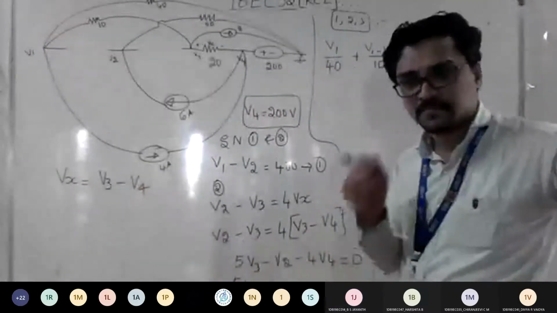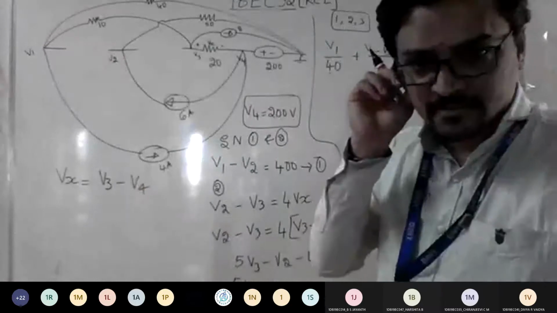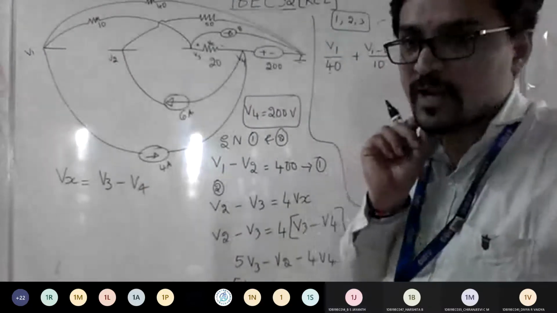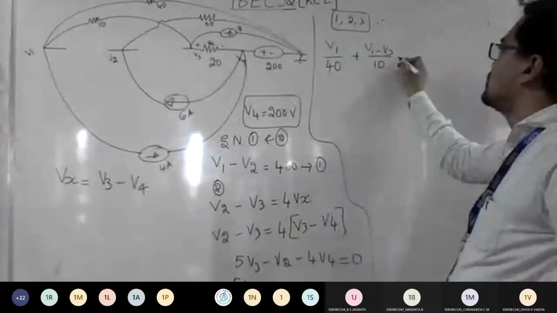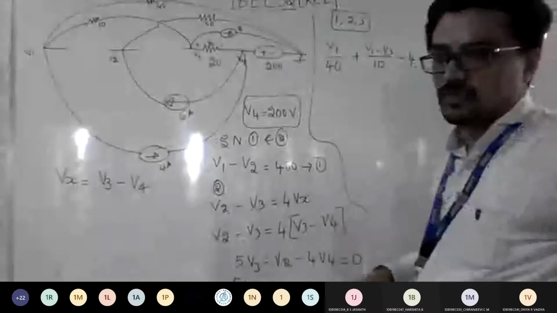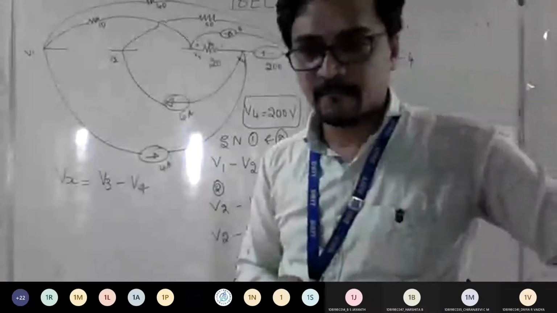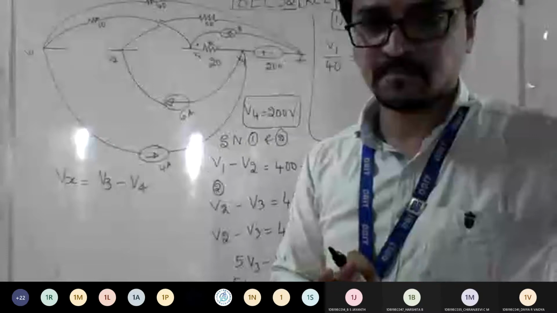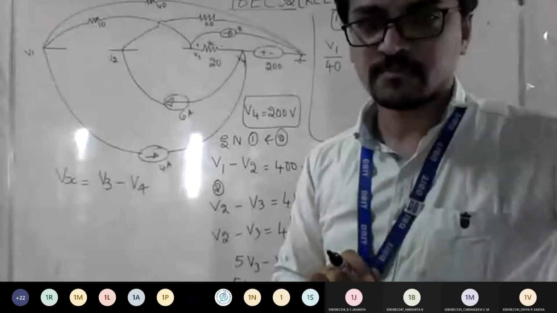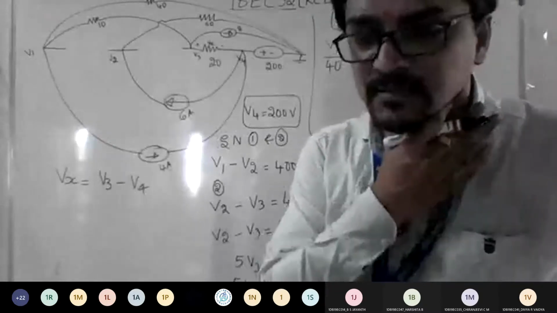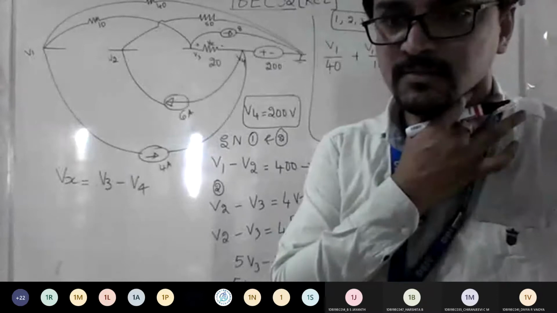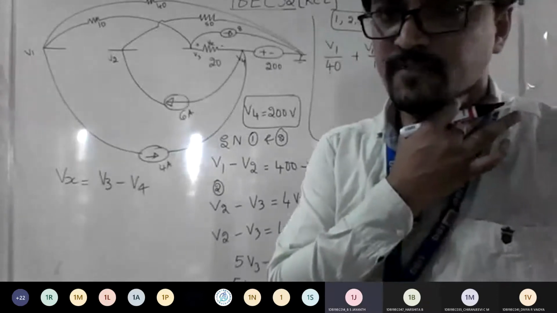Is the current leaving or entering? Leaving, sir, minus 4. So what is the assumption you made? Current leaving means minus. So let us write minus 4. Any doubts, anyone till here? Am I clear till here to everyone? Yes, sir.